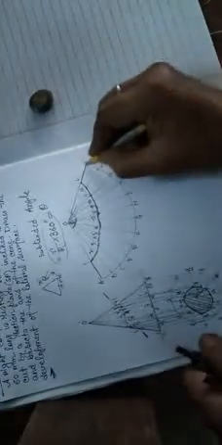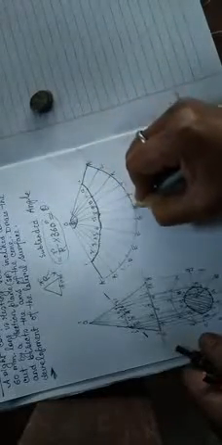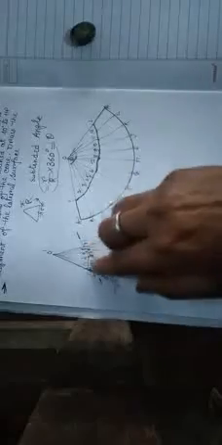This is the development of the cone which is cut by a cutting plane. So this is the lateral portion of the development of this cone.